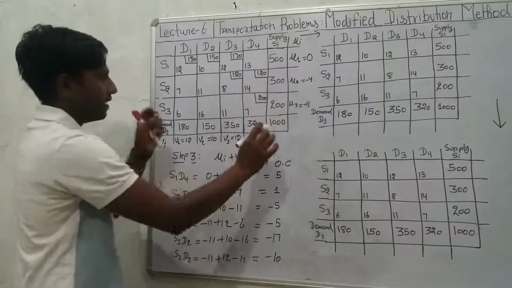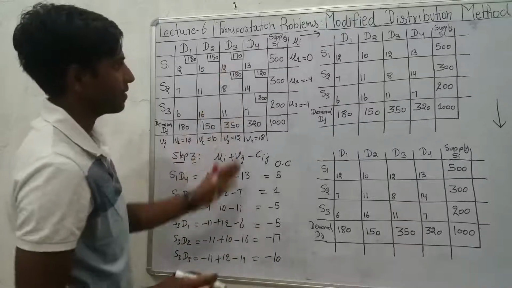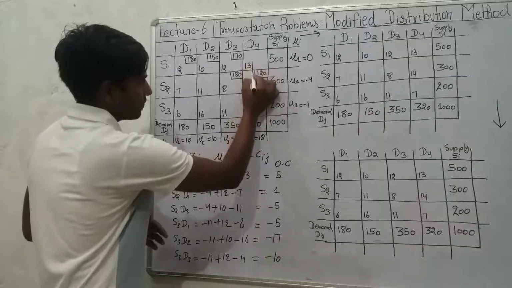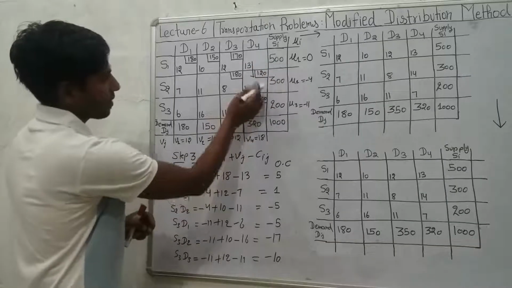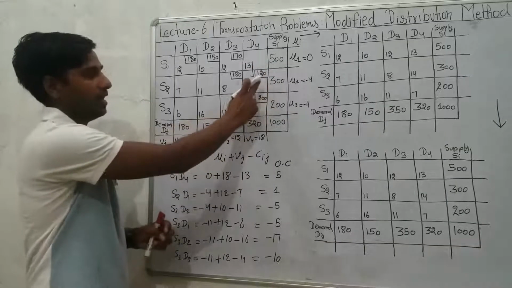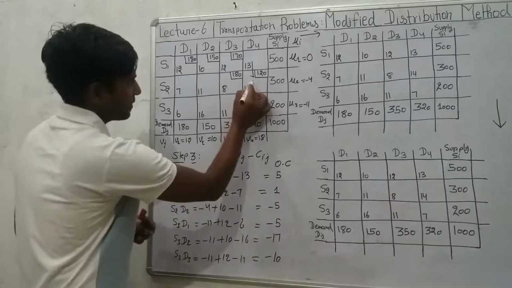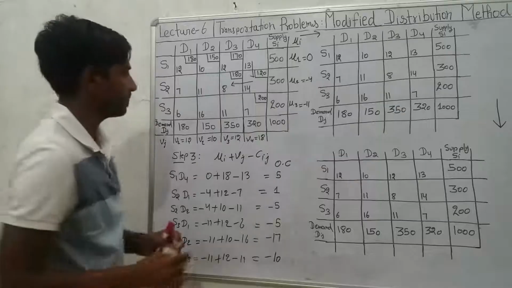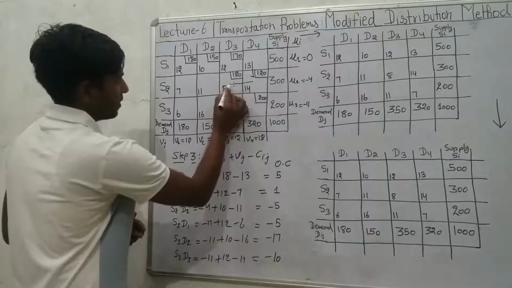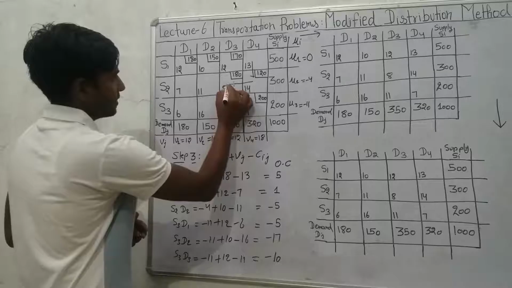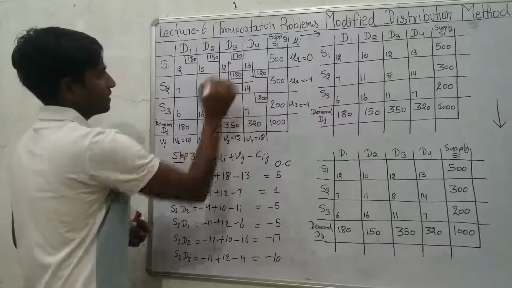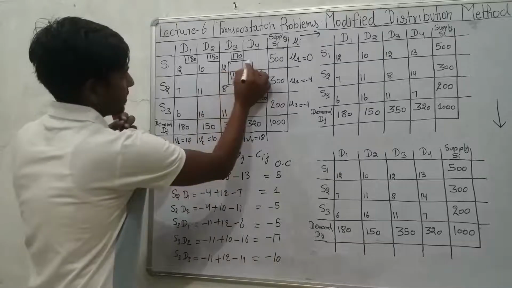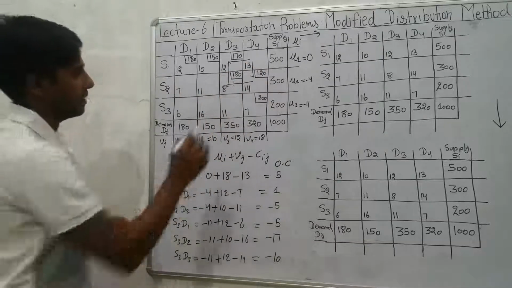So you know very well the rules of tracing a closed loop. Start with an empty cell. So we have started from here. End up at an occupied cell. Then take a horizontal move at 90 degree. Again we entered an occupied cell. After that again move vertically and come back to the occupied cell.